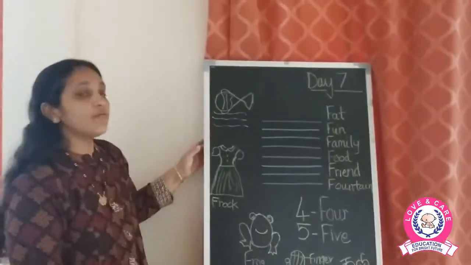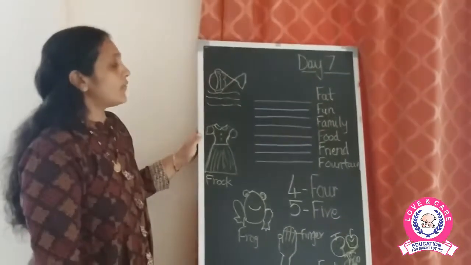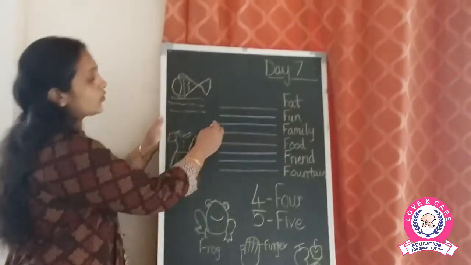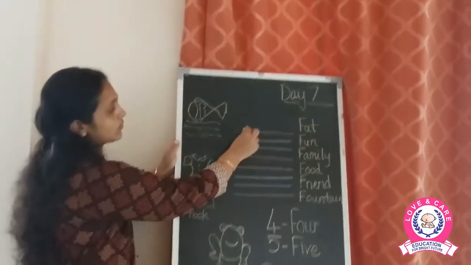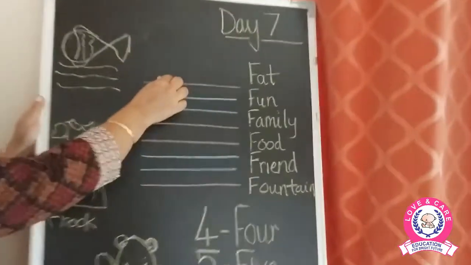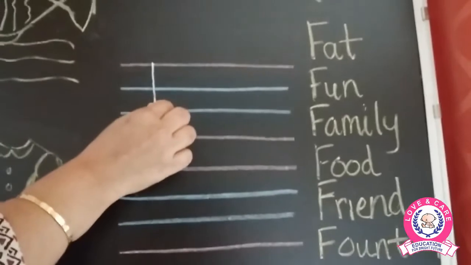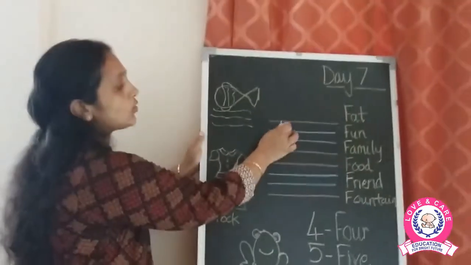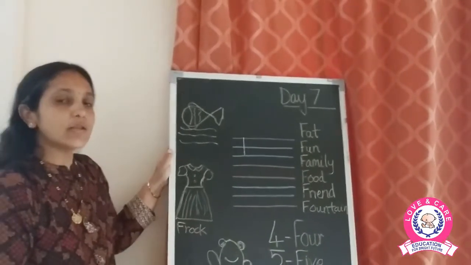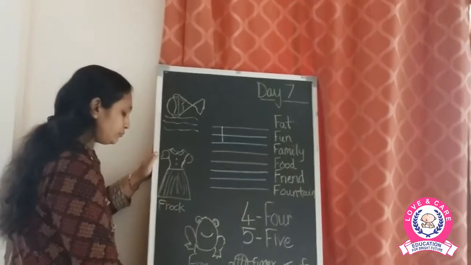So children, now we are going to learn the formation. When we write the capital letter F, we have to start it with the red line. You have to start it here with the red line. You have to make a standing line coming down till the second blue line. Then in F, how many slipping lines are we making? We are making 2 slipping lines.